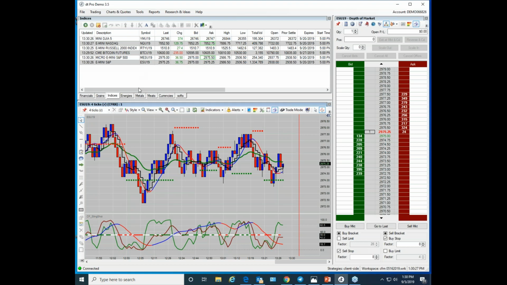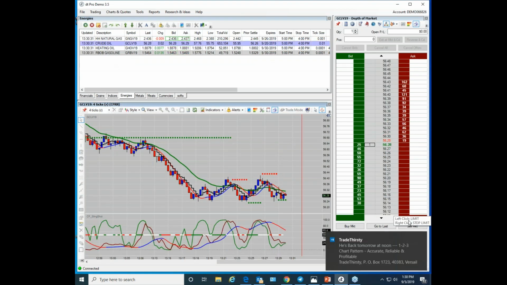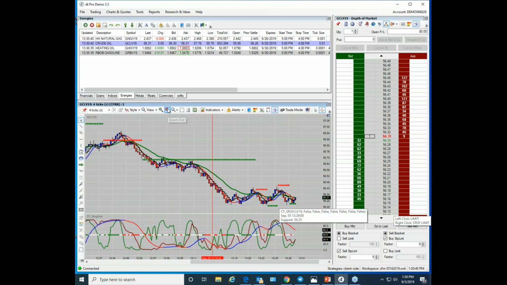All right. So let's go to a different market and we'll hang out at crude oil, okay? Here's another market that's trading sideways, right? Look at dynamic support and resistance dots, side by side. Yes, we were trending, okay? We were going down, and then all of a sudden we went into consolidation mode.